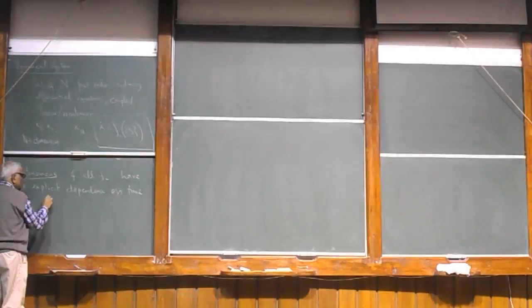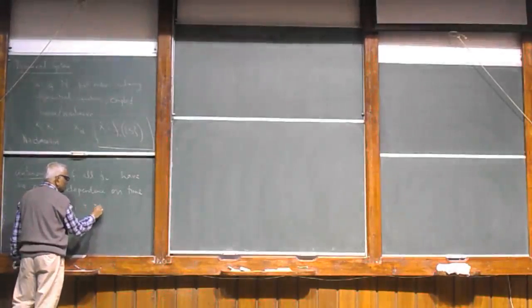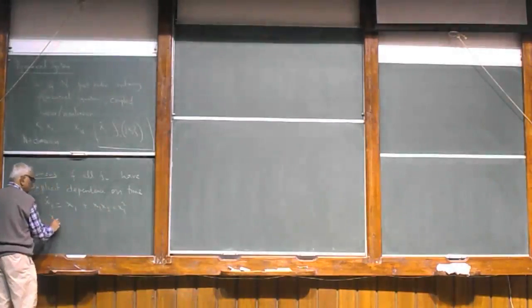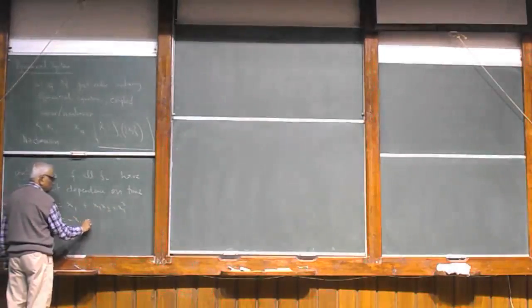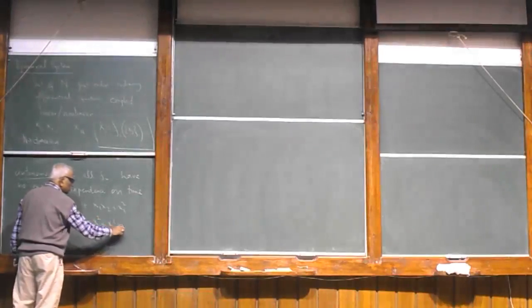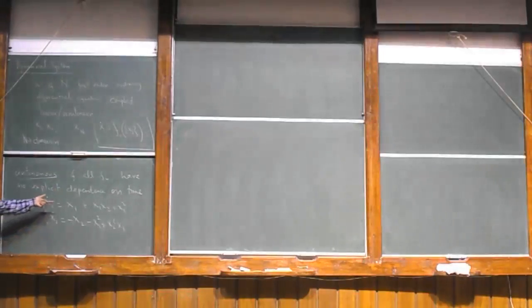For example, x1 dot equal to x1 plus x1 x2 plus maybe x1 squared, and x2 dot equal to minus x2 plus x1, or minus x1 squared plus x2 squared x1, something like that, or whatever it is. This is what a typical autonomous system would look like: just functions of x on the right hand side, no explicit time dependence.